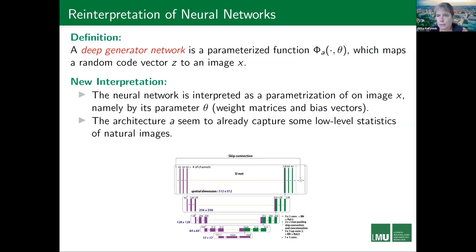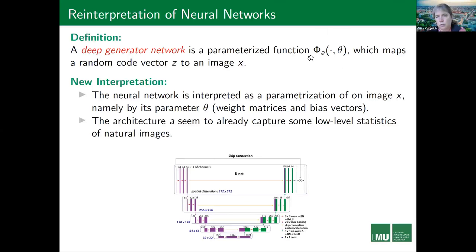The random code vector doesn't necessarily need to be an image. And so in that sense, we use it as a generator for images where the neural network can be viewed as a parameterization of this image, namely a parameterization of the image by these parameters of the neural network.